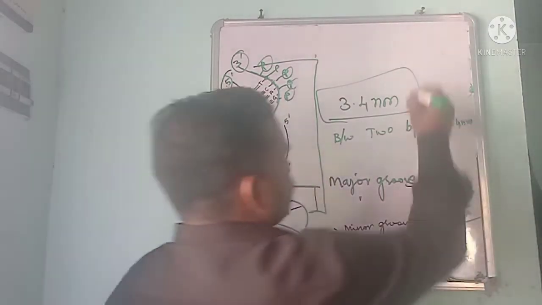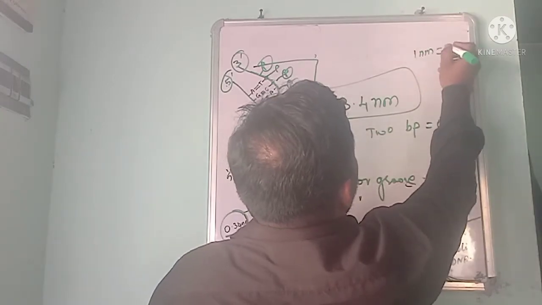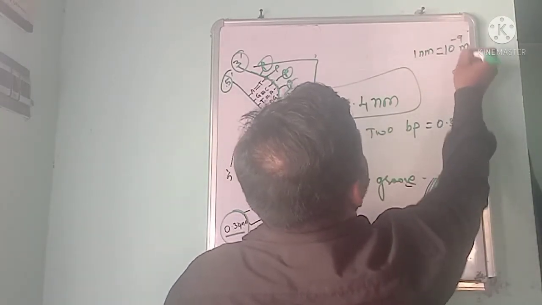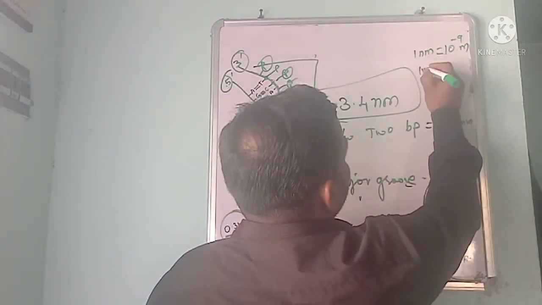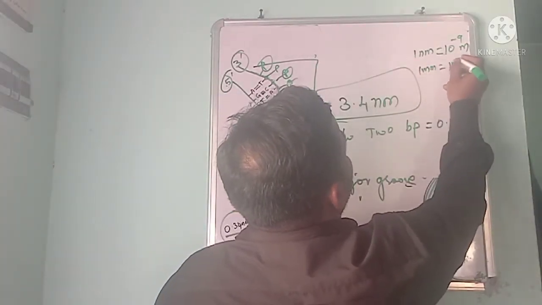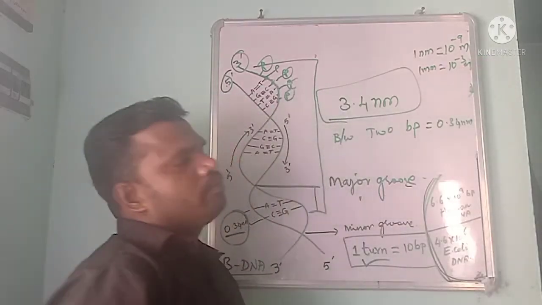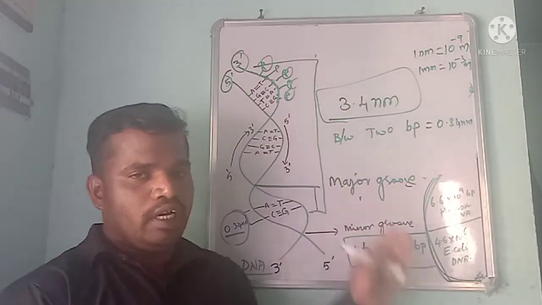So 1 nanometer is equal to 10 to the power minus 9 meters. 1 millimeter is equal to 10 to the power minus 3 meters. Got it? Clear?